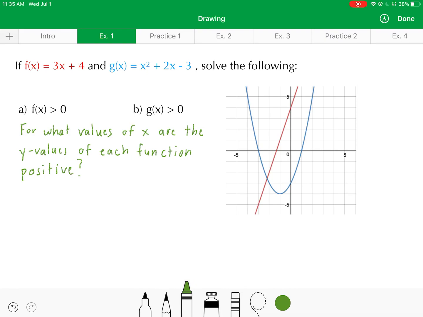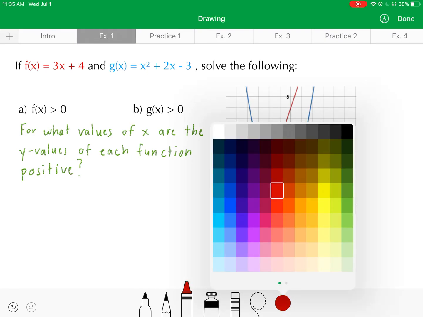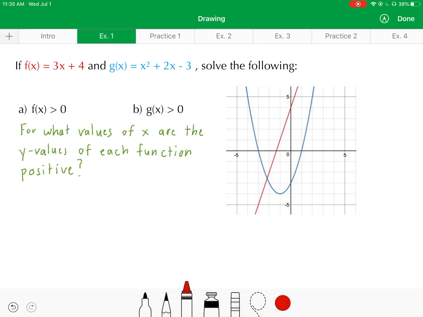okay? So in the case of f of x being greater than 0, we would be focusing on this portion of the graph right here, the part of the line that is above the x-axis. And specifically, we want to know what are the x-coordinates of those points, okay? The x-coordinates would be anything larger than -4/3, okay?